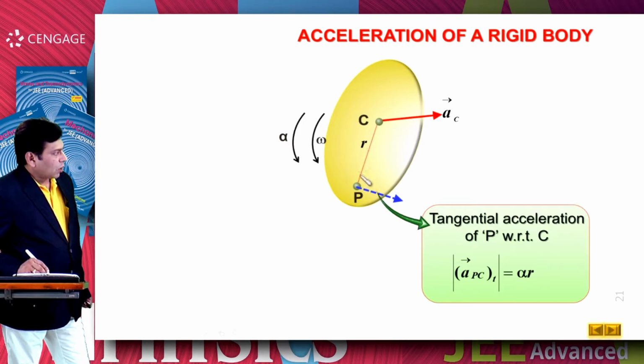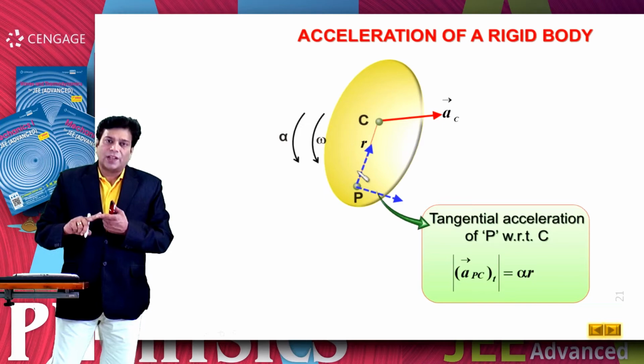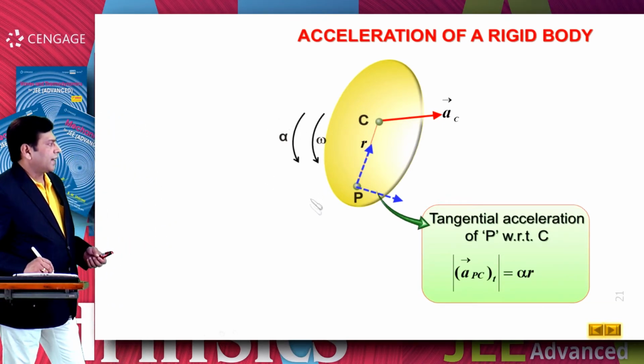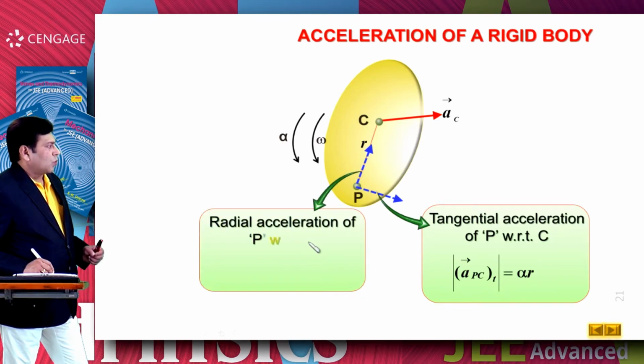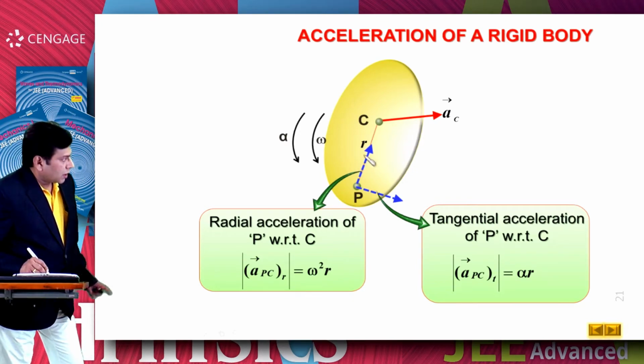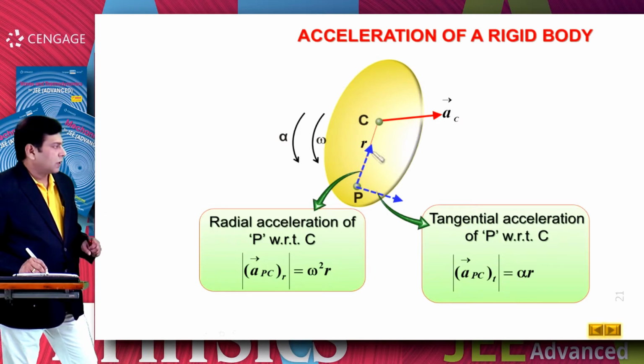That should be along the radius and toward the center like this. And here we can write this acceleration, that is the radial acceleration, as omega square r. So the radial acceleration of P with respect to C should be equal to omega square r. Correct?